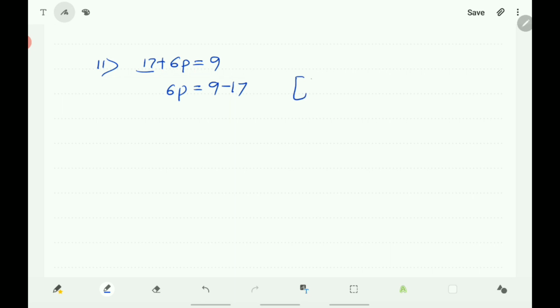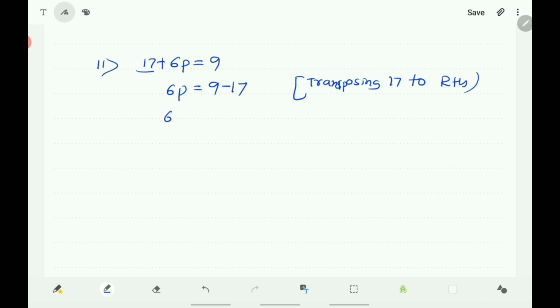What you can write here? Transposing 17 to RHS.